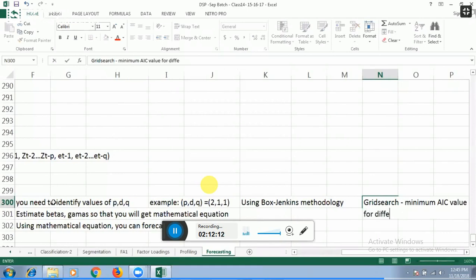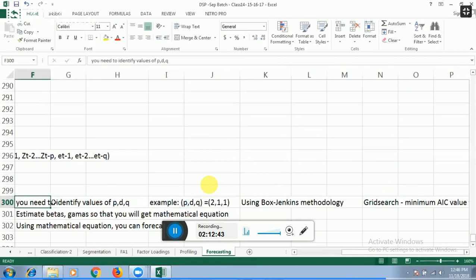So P equal to 1, D equal to 1, Q equal to 1, then P equal to 2, D equal to 1, Q equal to 1. Like this, change the values of P, D and Q, you will get different models, and whichever gives the minimum AIC value will be considered the best values of PDQ. This is the other approach we use.